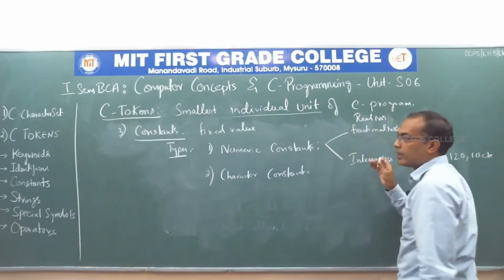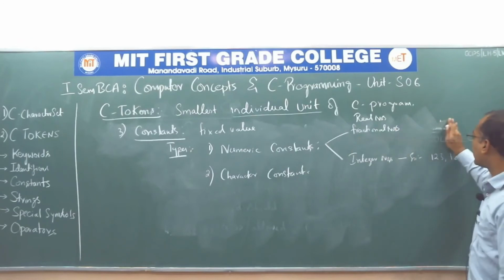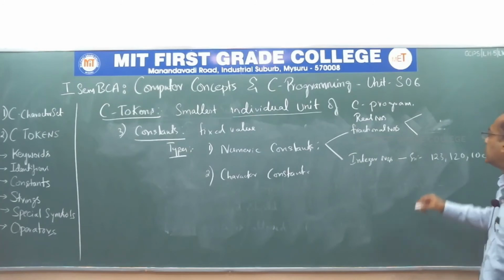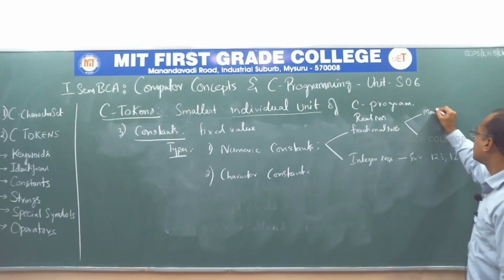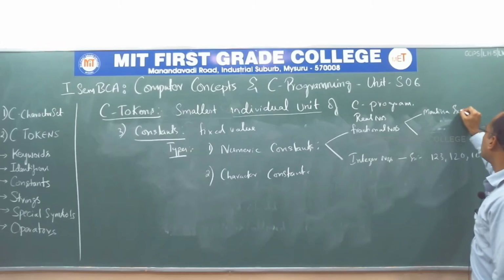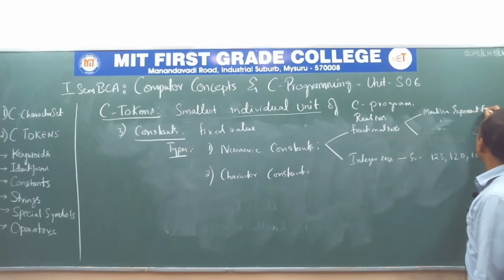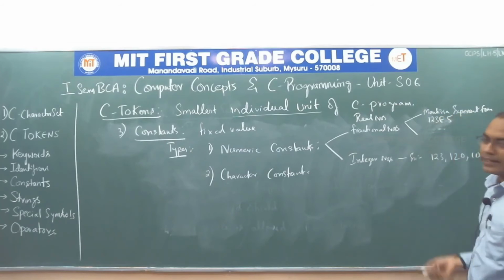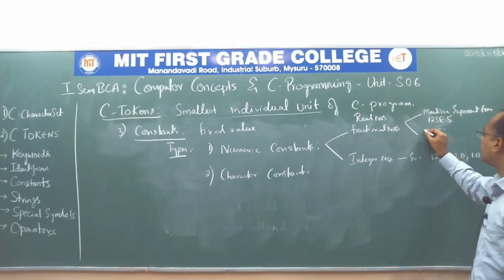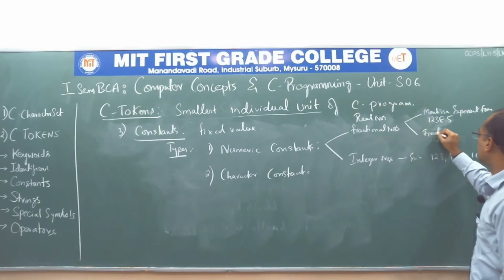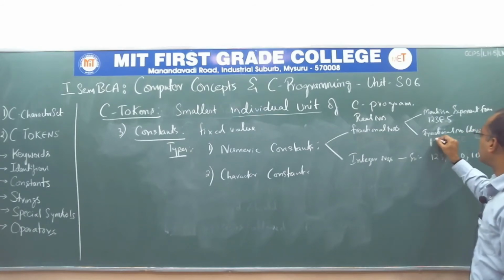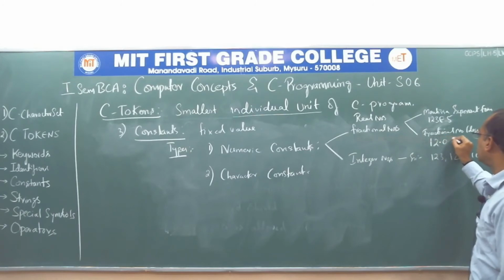Similarly, when we are talking about fractional numbers, these fractional or real numbers can again be of two representations. It can be of mantissa exponent form, like 123E5, or it can be a regular fractional number with decimal point representation, for example 112.05.